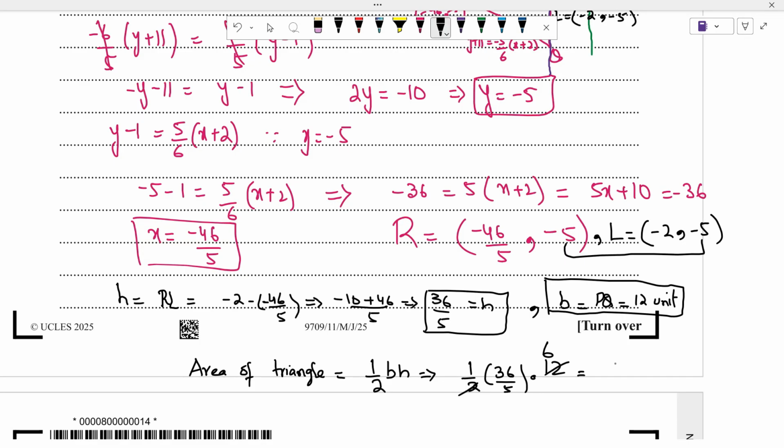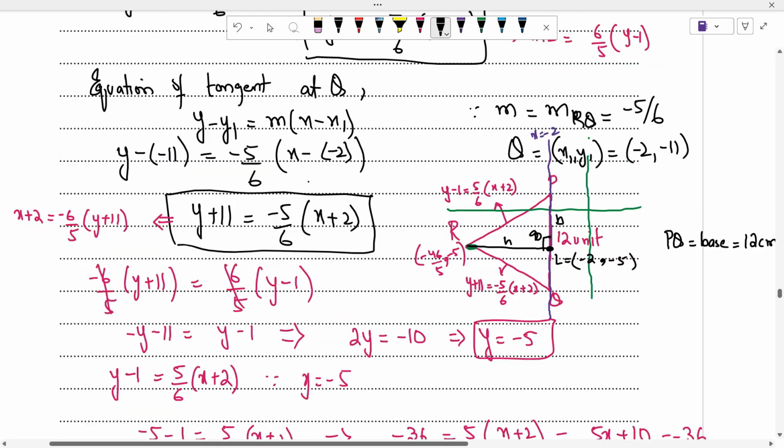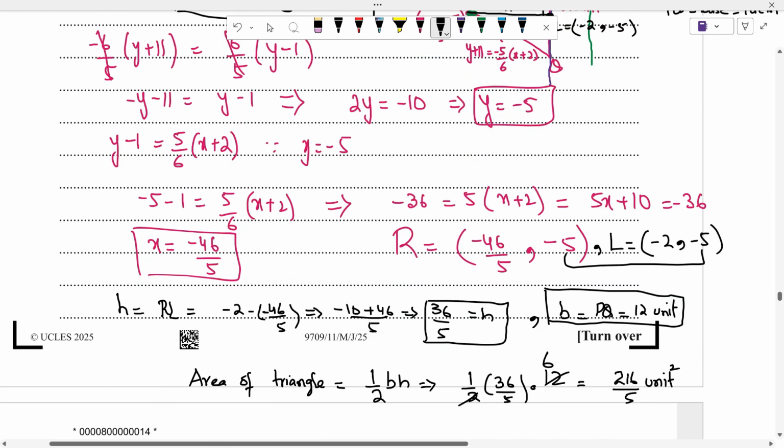So we will have 216 over 5 unit square. So the area of the triangle PQR is 216 over 5 unit square.